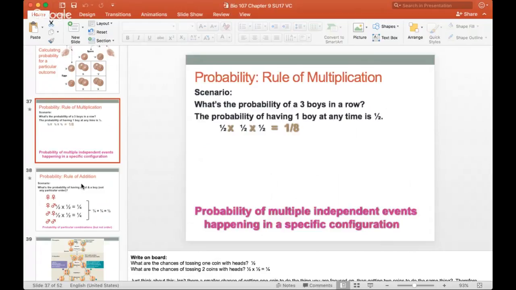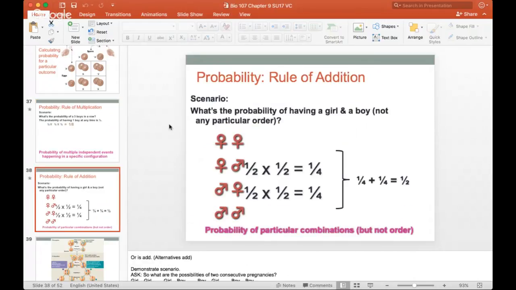The other option is the rule of addition. So the probability of having a girl and a boy, but not in any particular order. We can figure out all possible combinations: we can have a girl and a girl, a girl then a boy, a boy then a girl, or a boy and a boy. Each of these is going to have a 1/2 probability.